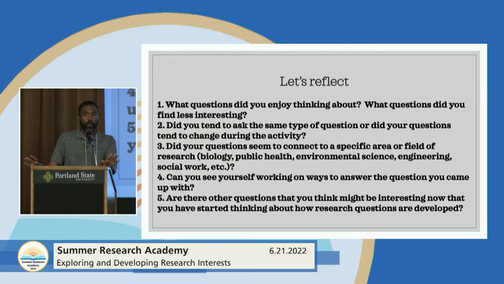Y'all had some really great questions, so we wanted to take a moment for Alyssa and I to share back some feedback and some thoughts and ideas around all of the things that different groups shared.